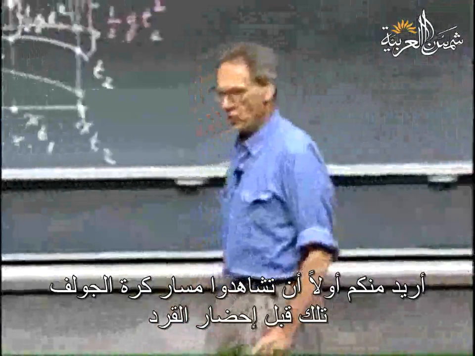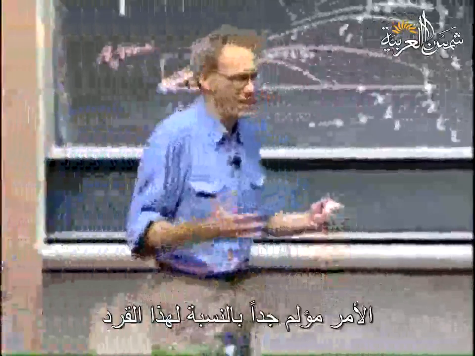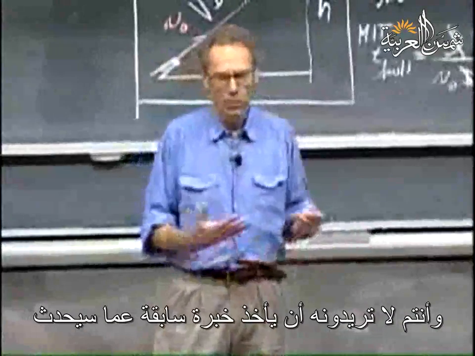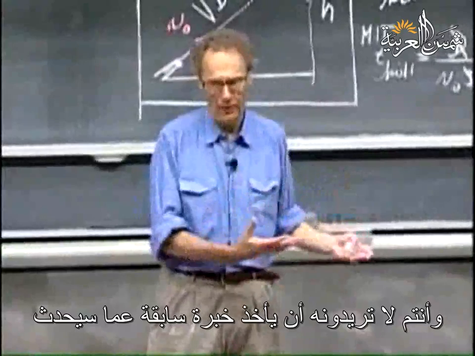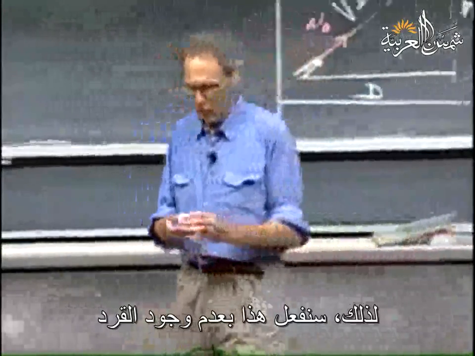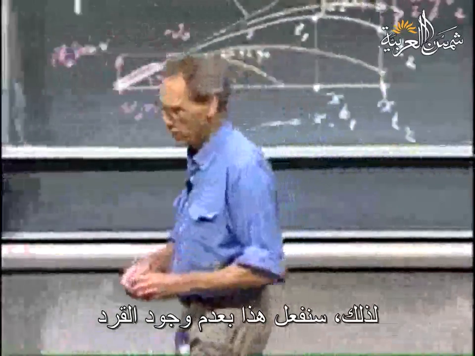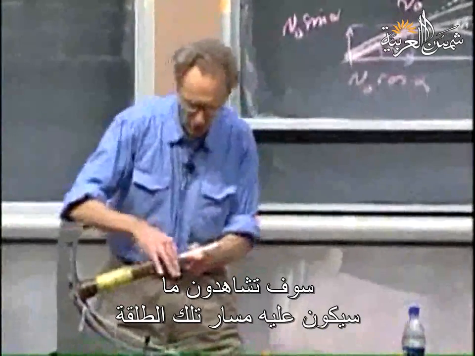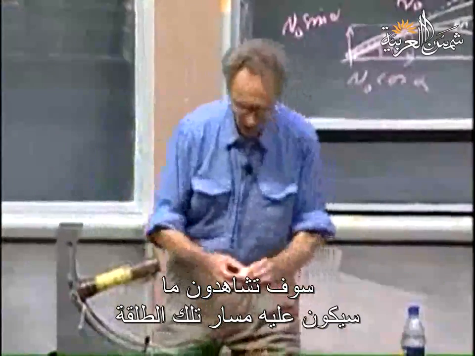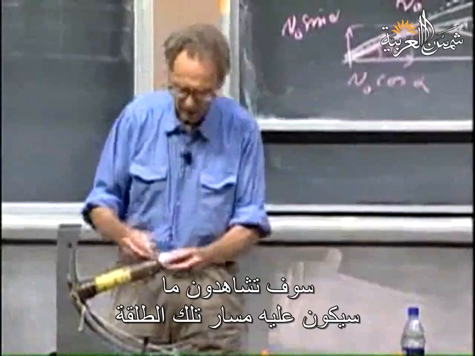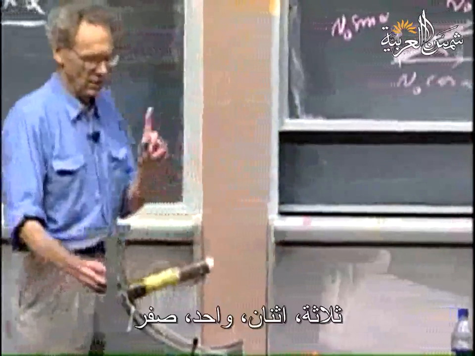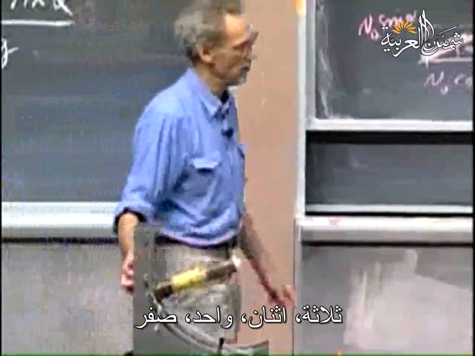I want you to first see the trajectory of that golf ball before we bring the monkey in. I mean, it is already so painful for this monkey. You don't want him to pre-experience what's going to happen. So we will do this in the absence of the monkey, and I will let you see roughly what the trajectory of that bullet will be. 3, 2, 1, 0.